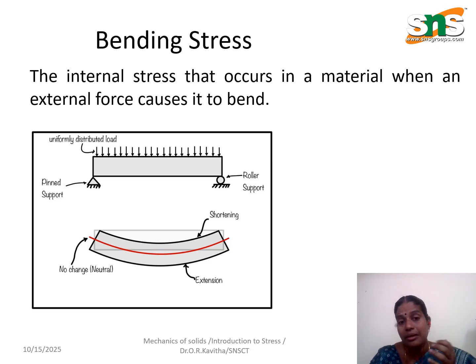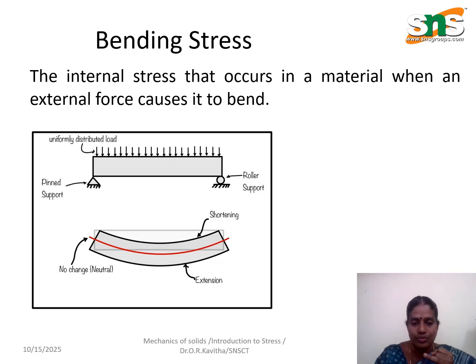And next one is the bending stress. Here you can see a simply supported beam with a uniformly distributed load acting on it. Whenever any beam or structure is subjected to loading, there may be bending. Examples of flexural members in structures are the beam and the slab.